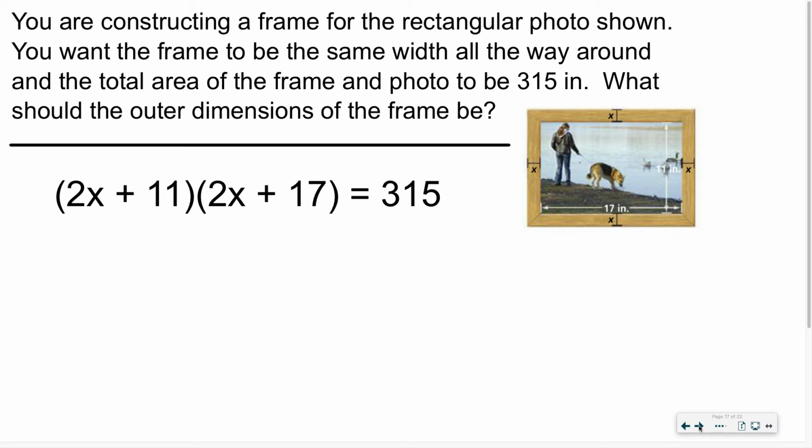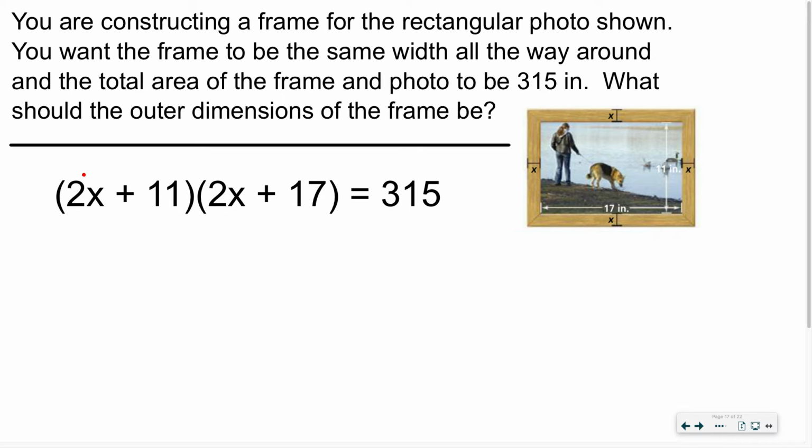So here's my calculation. Can I solve using the zero product property? No. Why not? All right, so the product of them is not 0, but have I found the product yet? No, I haven't simplified the left side yet, so we can. How would we simplify the left side of the equation?